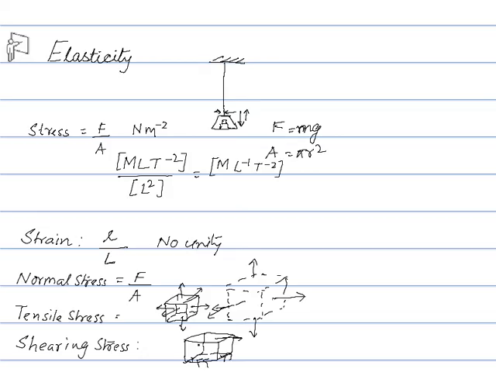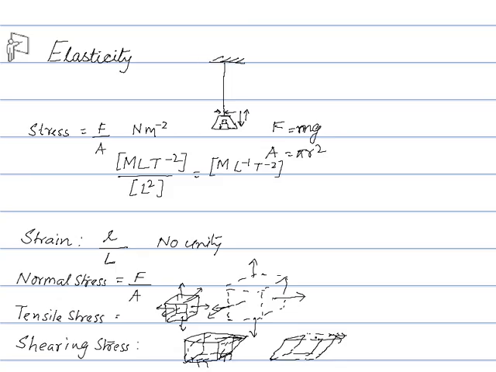What will happen? All the layers of this block will get displaced, and the shape of this block will change. Like the block shape will become like this. So this type of stress, which is resulting in a change in shape, is called shearing stress.